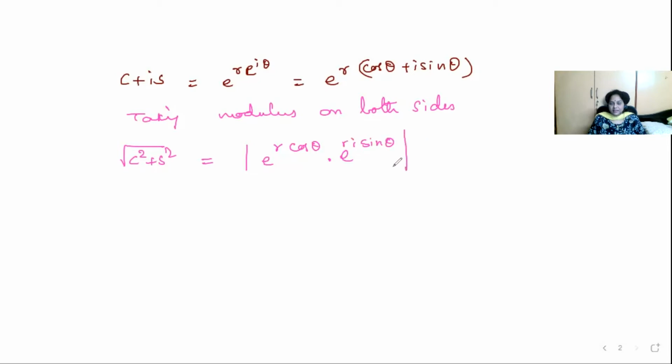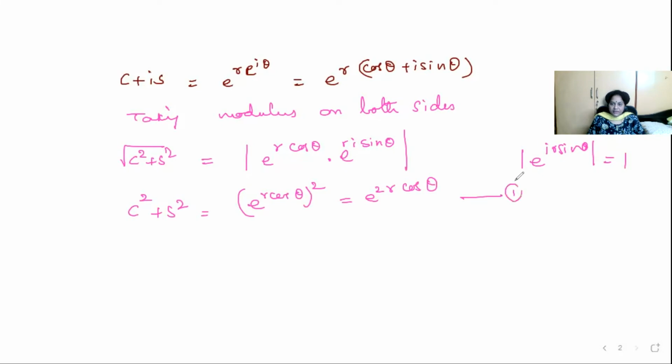The modulus of e power i r sin theta is going to be 1. So finally we get c square plus s square is nothing but e power r cos theta whole square, which we can also write as e to the power of 2r cos theta. This is the expansion we have, and maybe we can denote this by 1.